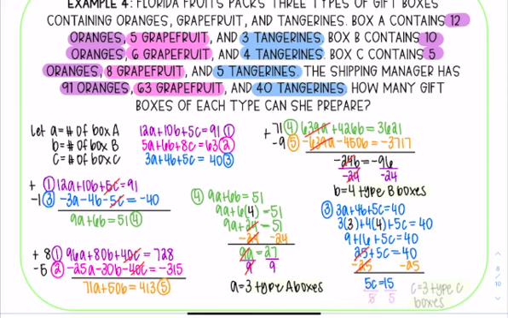And when I divide by 5, we get C equals 3, and this is type C boxes.